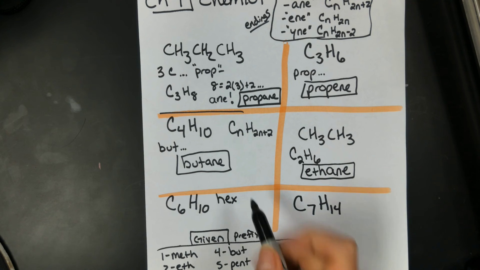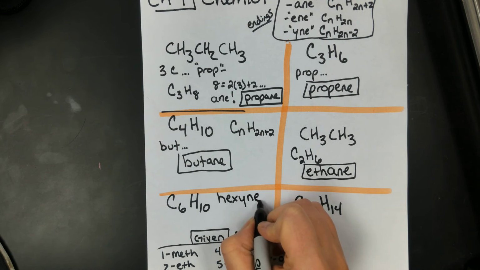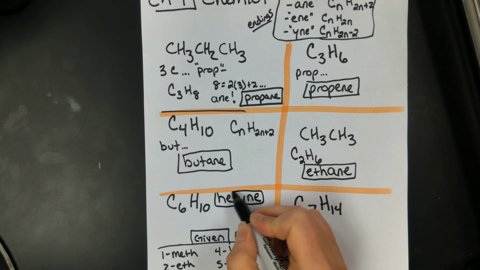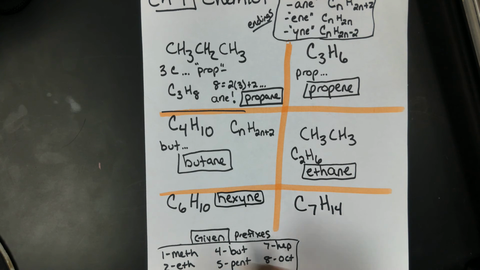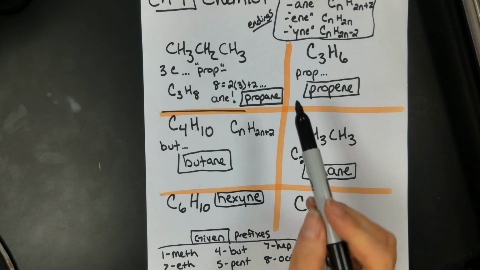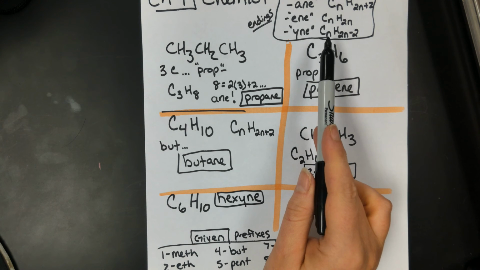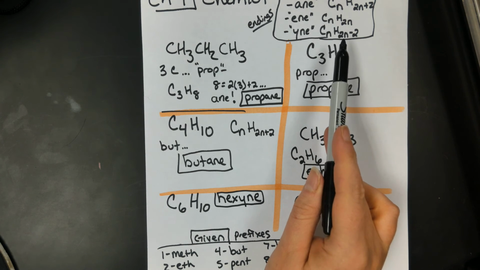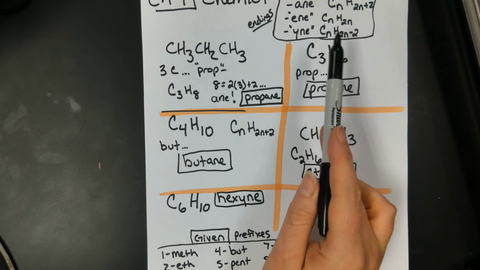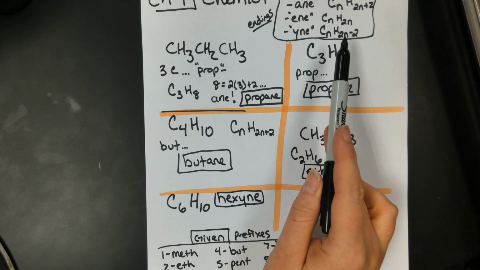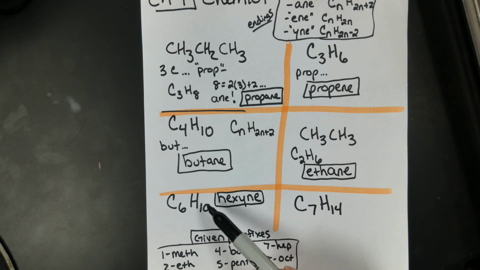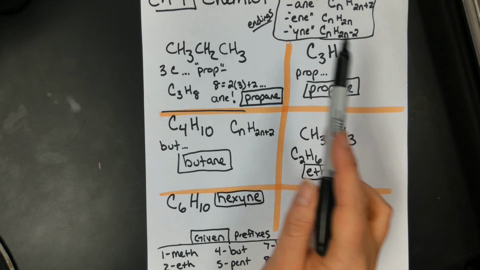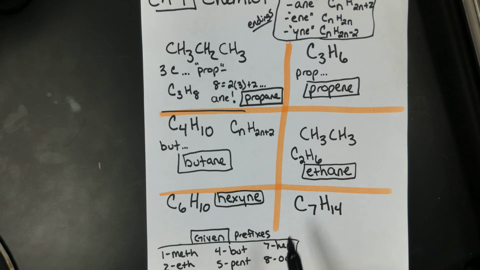So this is hexyne. You could think of it as if n is 6, if we multiplied 6 times 2 and then minus 2, what would we get? 6 times 2 is 12, minus 2 is 10. So C6H10 fits the yne requirement. So it's hexyne.